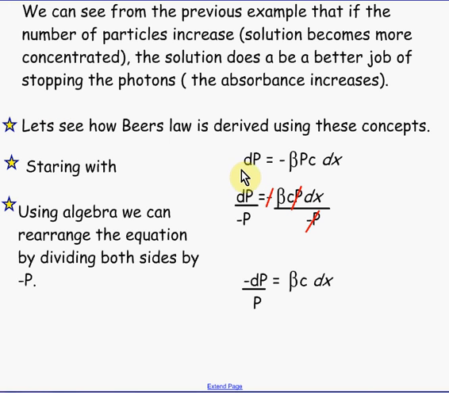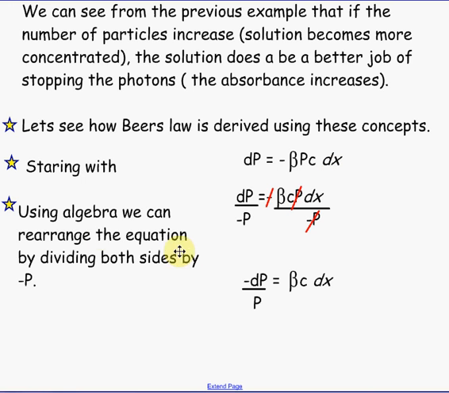Starting with the decrease in power is proportional to the negative constant of proportionality times the power times the path length times our change in x.